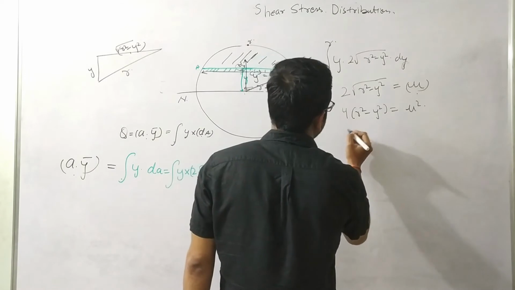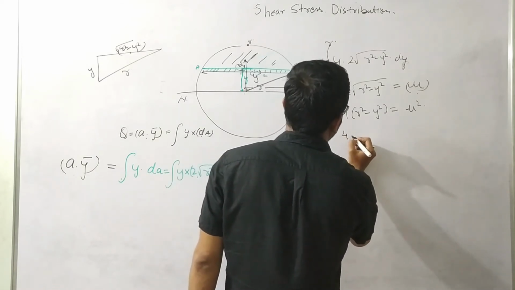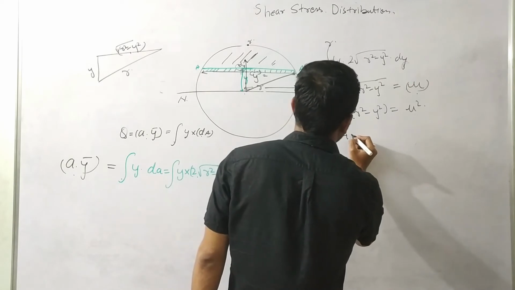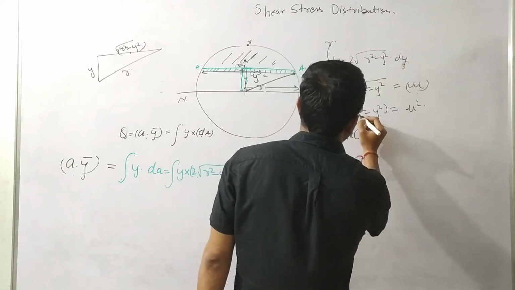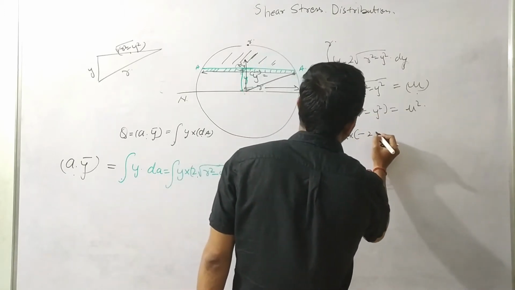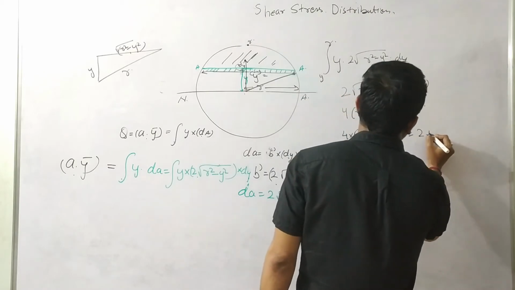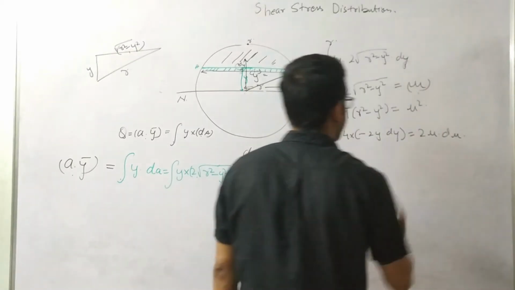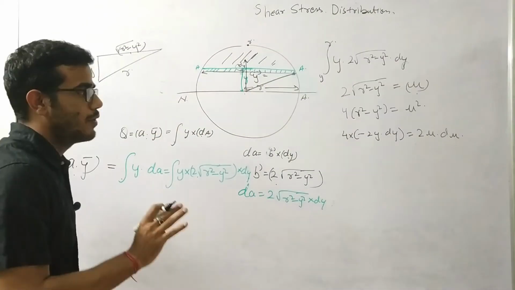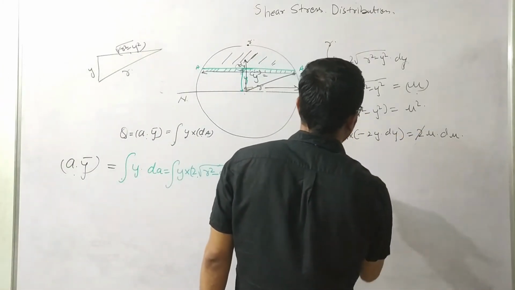If I differentiate this thing, it will be 4 into 0, because the differentiation of r is constant, it will be 0. So this will be minus 2y dot dy equals to 2u dot du. There shouldn't be any problem, it's a simple integration problem. Okay, so this is cancelling out 2.